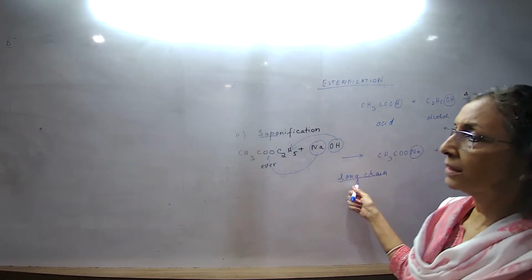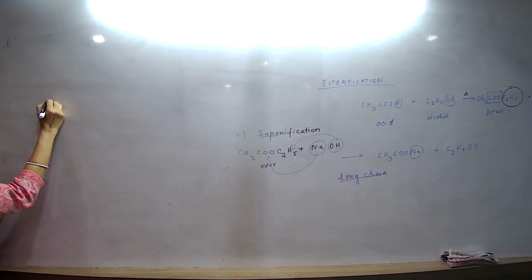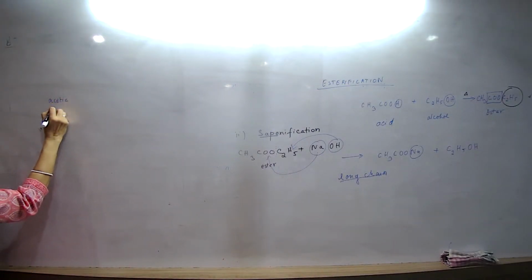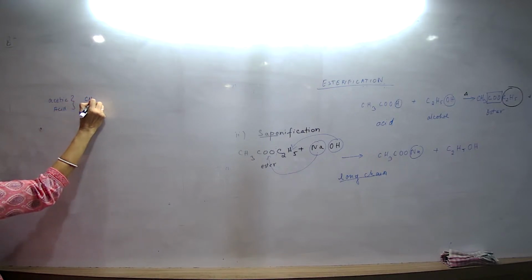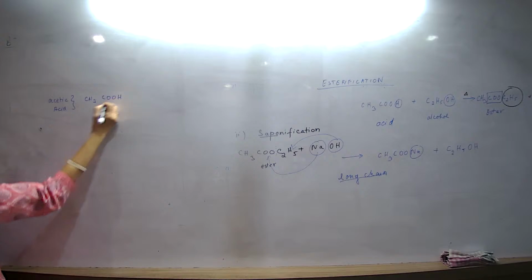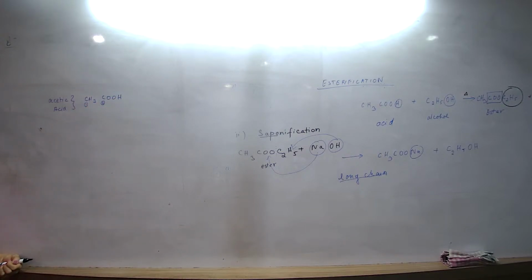Now I'm going to explain this sentence once again. Look at the board. Okay. Acetic acid. What is the formula? CH3COOH. How many carbons do we have? One carbon, second carbon. Very short. We are talking about a long chain.